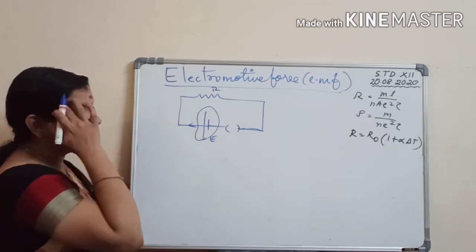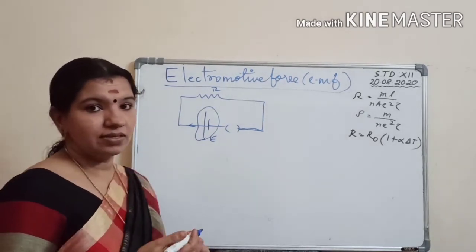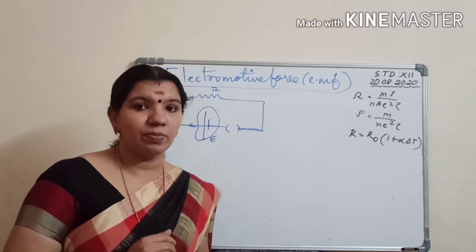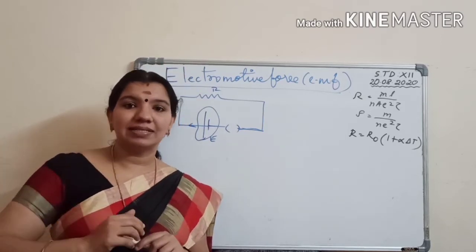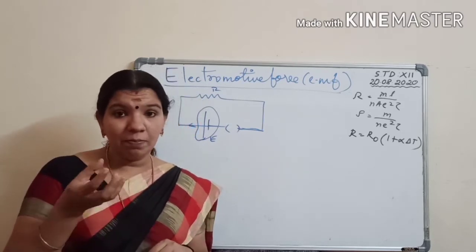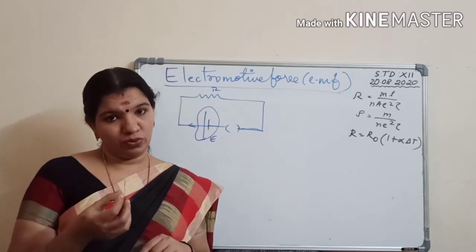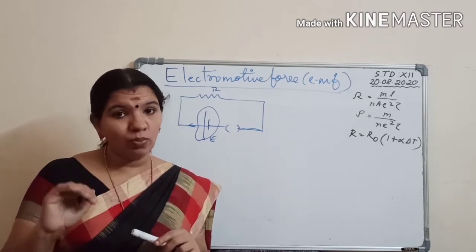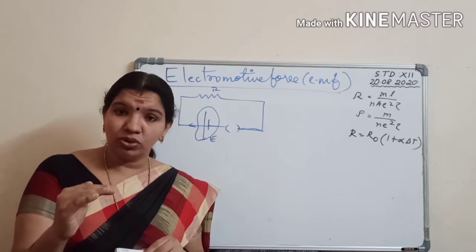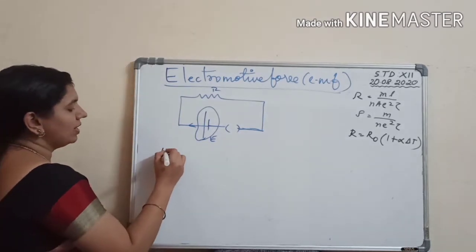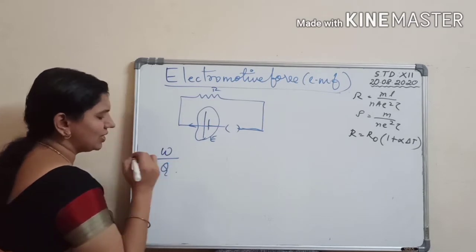In such a case, this cell possesses a potential difference. You have seen the Daniell cell, Leclanché cell, etc. While we are doing practicals for the potentiometer, we will discuss more about that. While preparing a cell itself, it has an EMF, it has a value. What does EMF mean? Electromotive force: a force required to make the electrons move inside. Electromotive force can also be explained as the work done to move a particular charge, the same as potential difference.